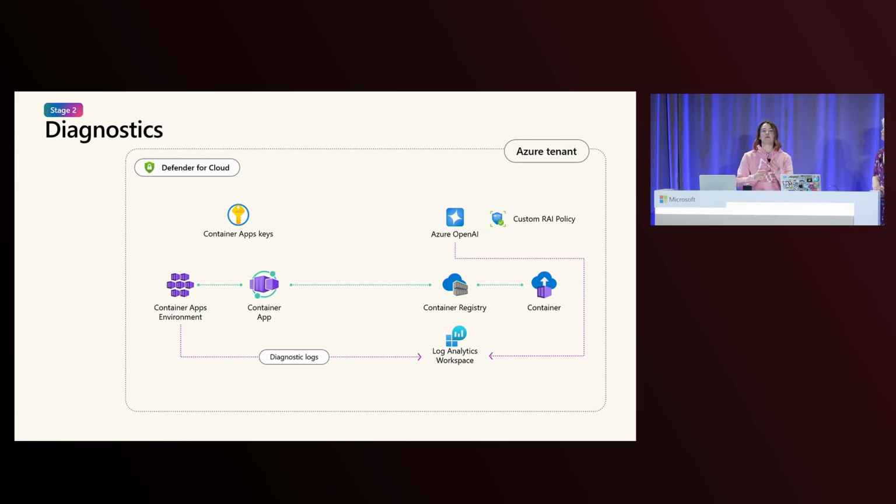That's probably going to be an operational team or a security team. But as the person who builds this, it's a good idea that you get those logs in. And we want them in a central workspace, because we can't do nice correlation and monitoring if they're all over the place.